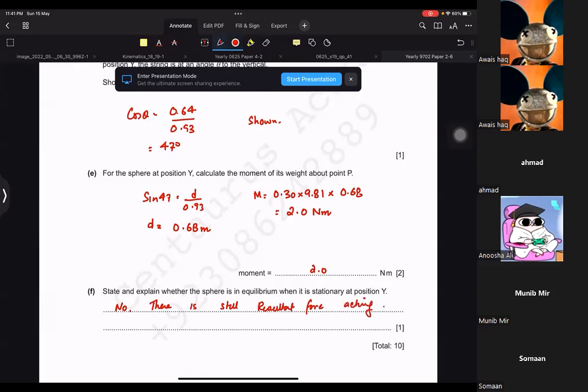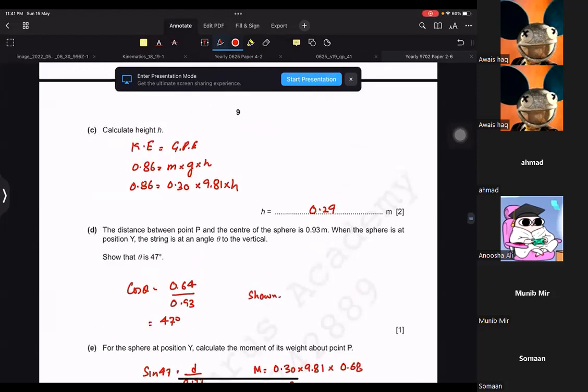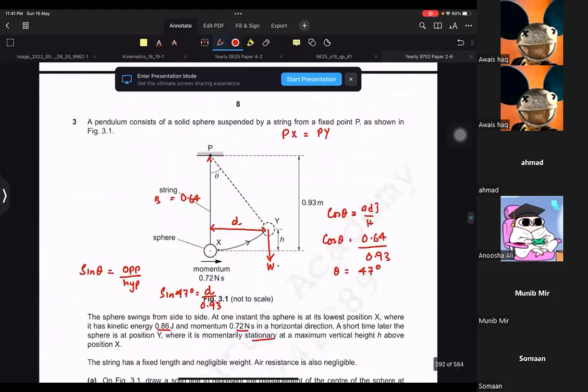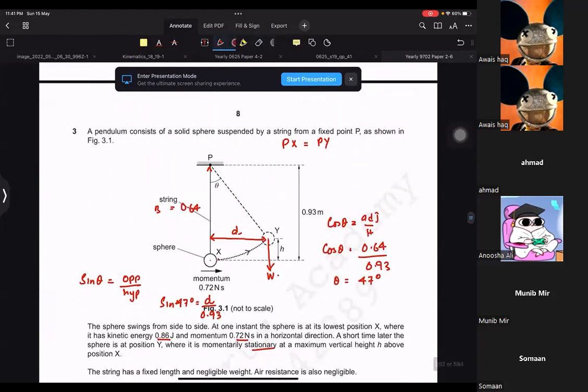Now, I tell you why the resultant force is acting. If it was in equilibrium, it should stay here forever. Because if there's no resultant force, the speed must stay constant. If the speed has reached 0 and it's not staying 0, it is going back, it means there has to be some resultant force. Otherwise, it won't change the speed. Okay, that's fine.